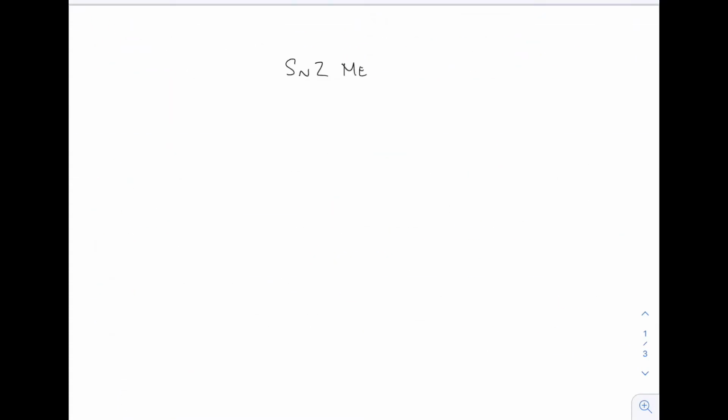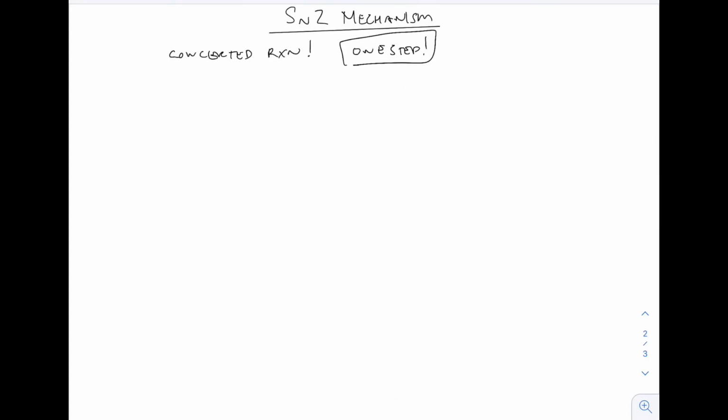So let's talk a little bit more about the SN2 mechanism. This is also called a concerted reaction because we are making and breaking the bonds in one step. It's all happening at once, or in concert.